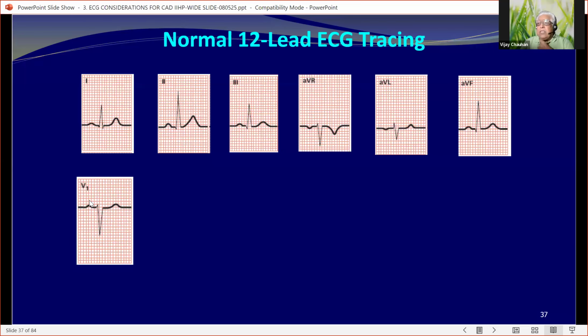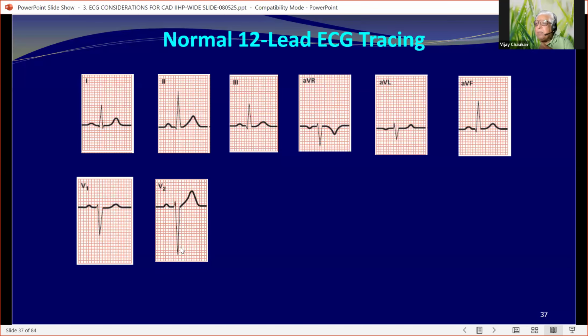V1 is a chest lead. Chest lead, P wave upright. This is RSR. So R wave is small, S wave is deep. What we see here, S wave is deep. Then next, R wave is slightly prominent, still S wave is deep.